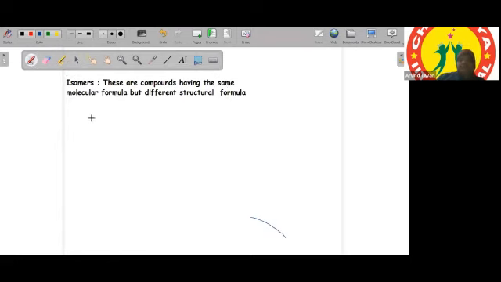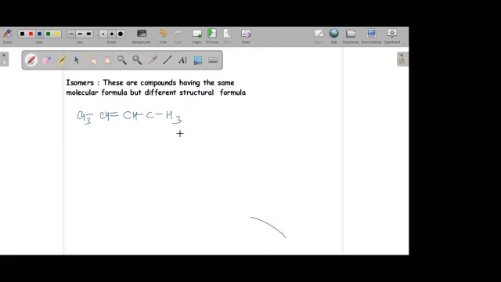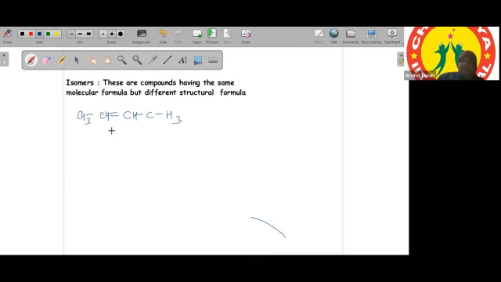For example, we take this structure. What's the name of this compound? How many carbon atoms are there?